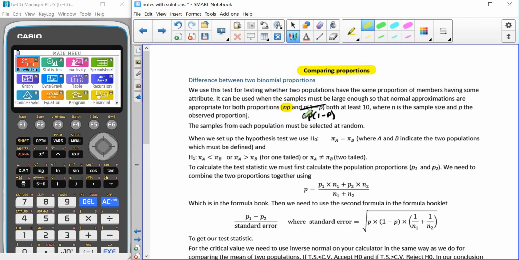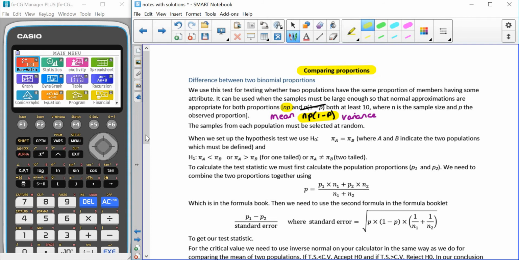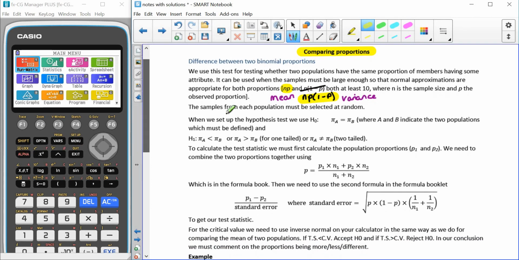If you think back to when we looked at binomial, that's the mean and the variance both being at least 10. The samples from each population must be taken at random, which is a common theme throughout hypothesis testing.